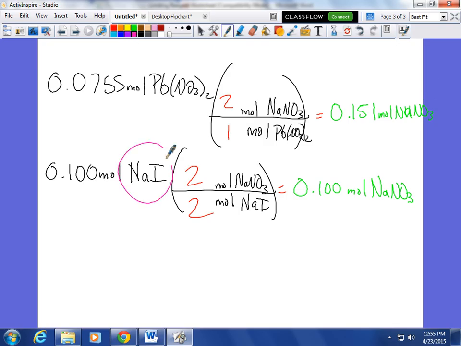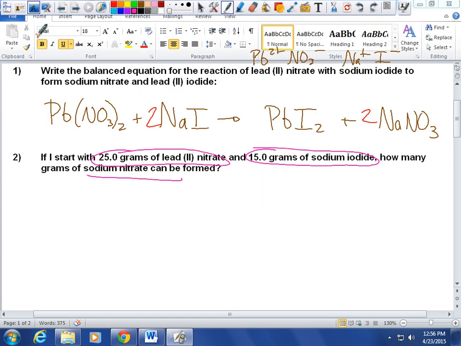This right here is my LR. Does that make sense? Because this number is smaller than this one. So when we go back to this, I want you to circle this and say that this is my LR.